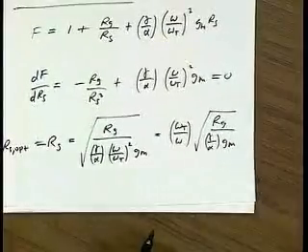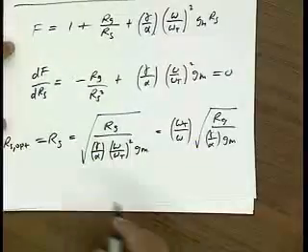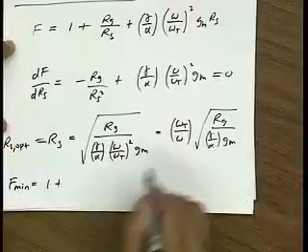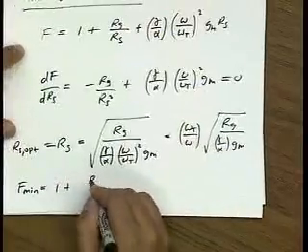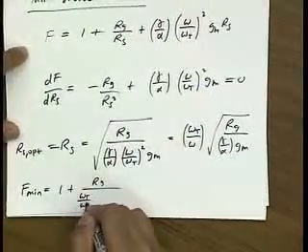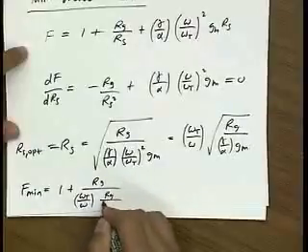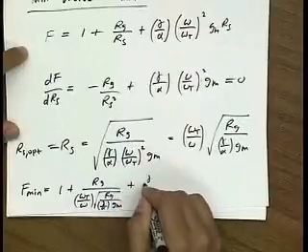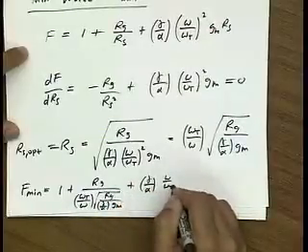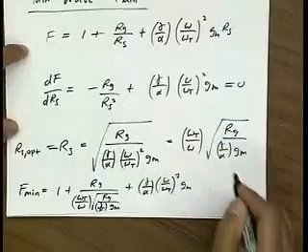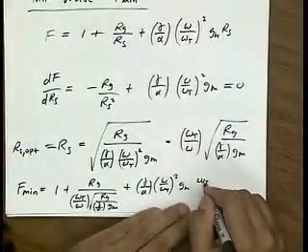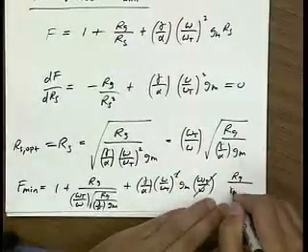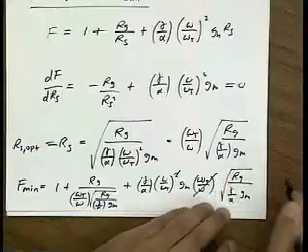And now I just substitute this into F to find F min. So F min is 1 plus Rg divided by this, plus gamma over alpha omega t Gm times this expression, omega t over omega. So this cancels out with that, Rg gamma over alpha Gm. Okay?